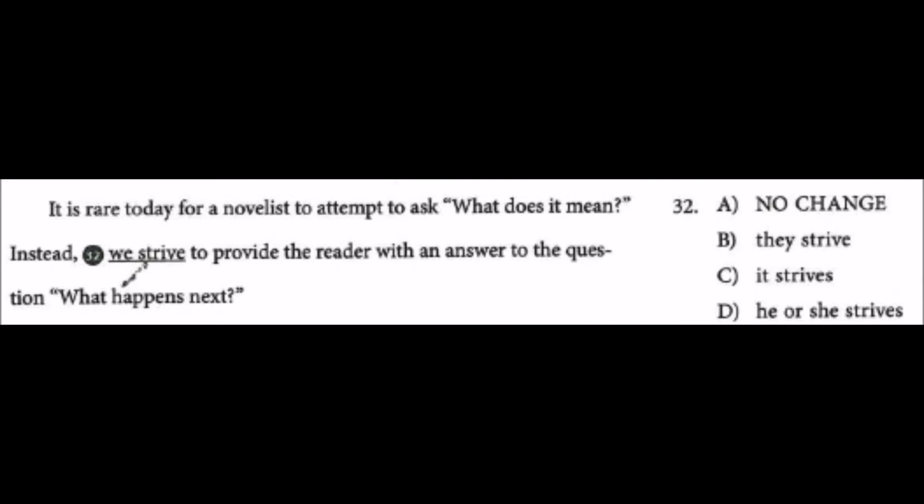So here, the word that the pronoun refers to is the novelist. Of course, novelist is singular, so we don't take A or B. Now for C, of course, is not acceptable because a novelist is a person, not a non-human to give it. The best thing is to say D, he or she, as a novelist could be a male or a female as well.